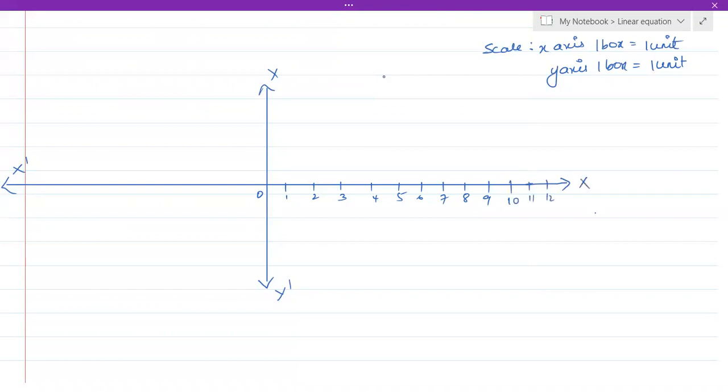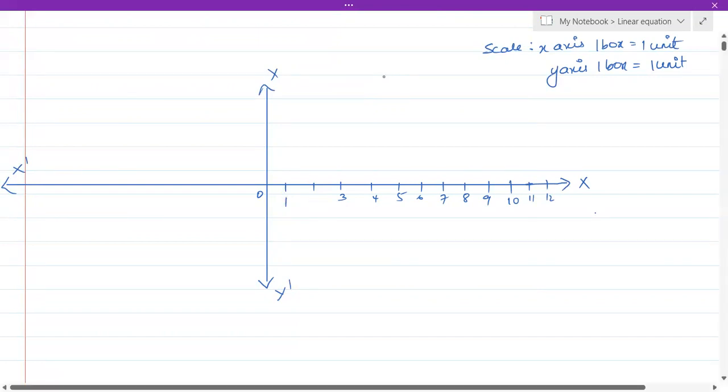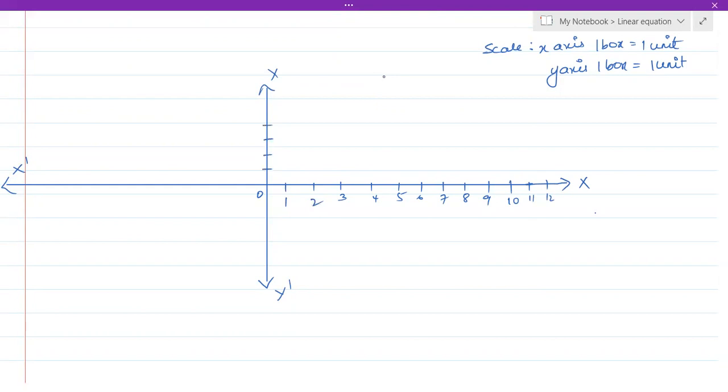Okay, this is x. And suppose you don't have so much space in the graph sheet, you can change the scale. One box, you can take as 2 units. If you take it as 2 units, then this will become 2, 4, 6, 8, 10, and so on. It's your wish. You can choose the scale however you want. Similarly, the y-axis will become 1, 2, 3, 4, 5, 6, and the graph that I'm doing is a rough one.